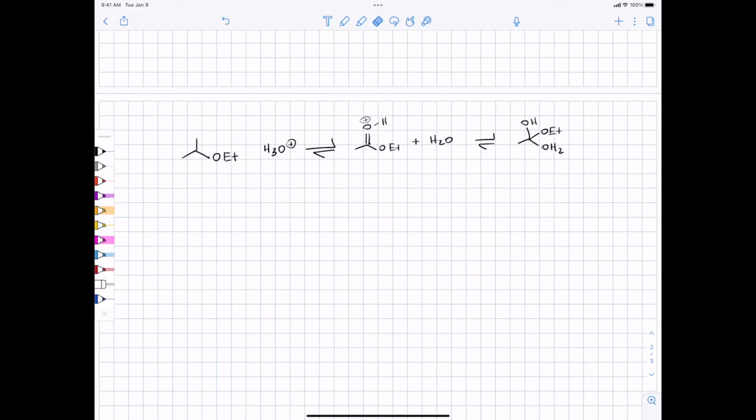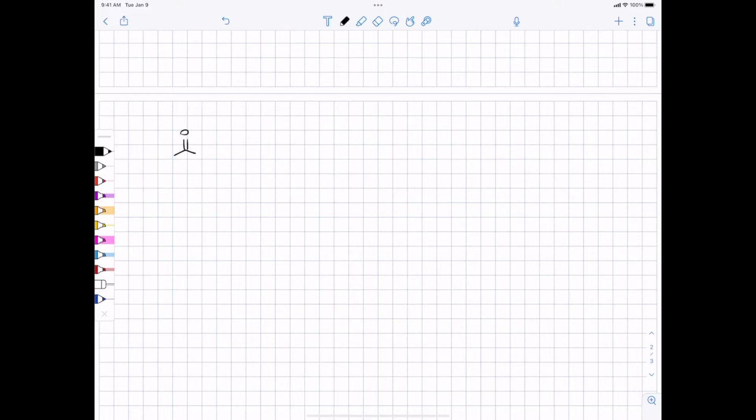It'll actually be easiest for us to consider acetal formation, if that's all right. So go ahead and just scribble that out. Acetal formation starting with some aldehyde, and then we're going to use some alcohol, and we'll use some acid.